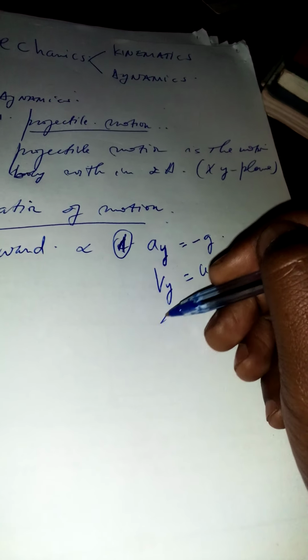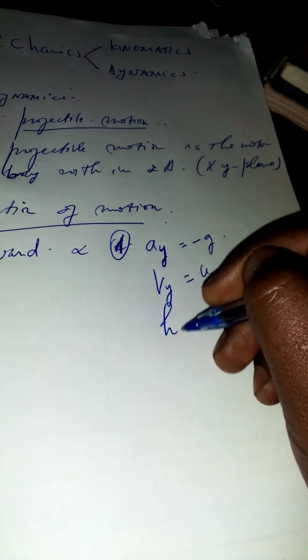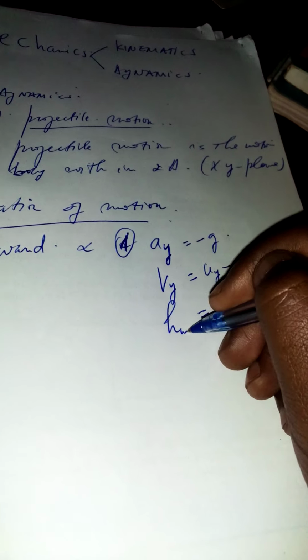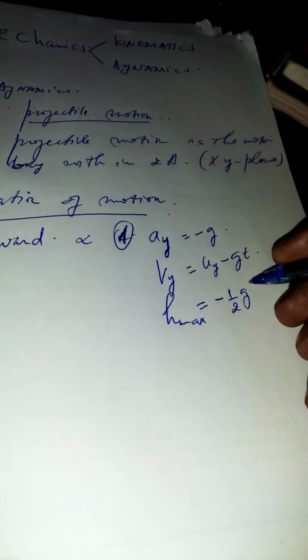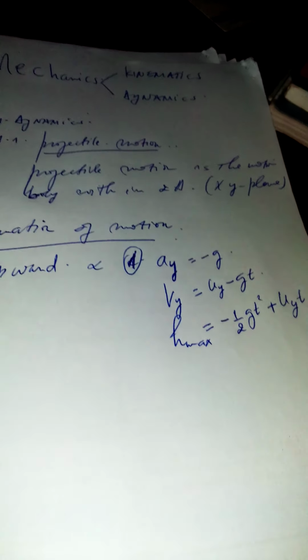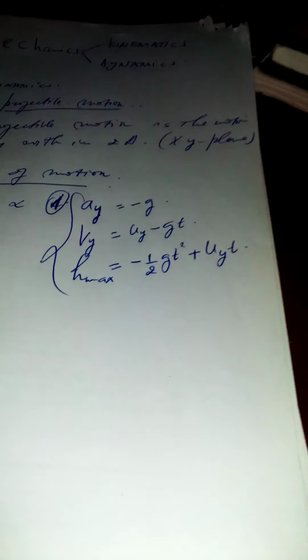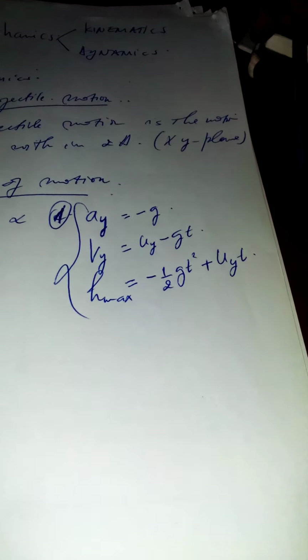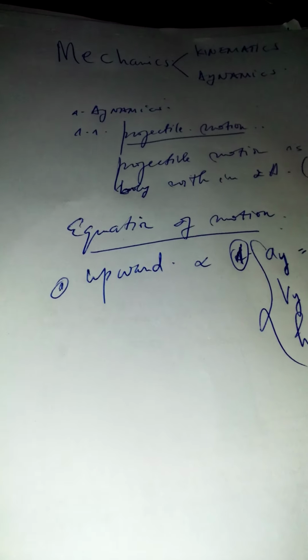And the third one is the height, which is equal to minus 1/2 gt squared plus initial velocity times t. These equations will help us deliver the final, simplified equation that we need in projectile motion.